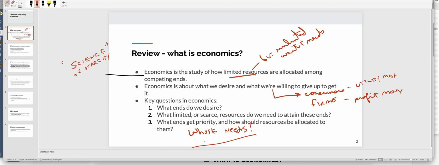In economics, at least mainstream economics, we don't make a lot of value judgments at this point. By that I mean we only get reluctantly involved when it comes to banning the consumption of certain goods, right?